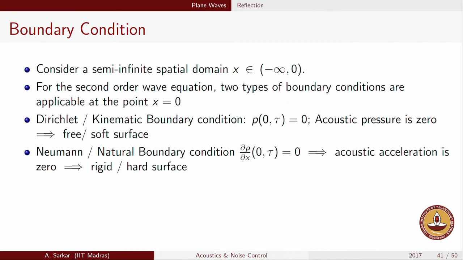Velocity being 0 is a special case of velocity being constant, but the constant cannot have a non-zero value, because if the velocity has a constant value, that means the particle is travelling in some kind of rectilinear motion. As we said, in acoustics we deal with only situations where particles oscillate about their mean position, they cannot have a bulk motion.